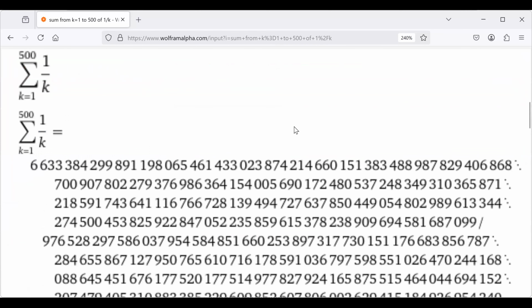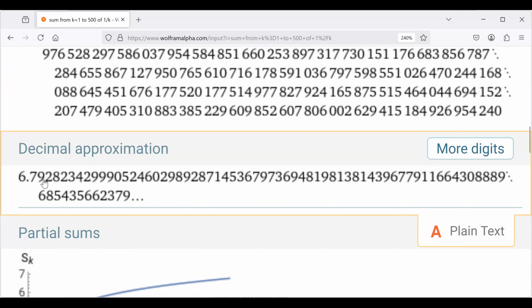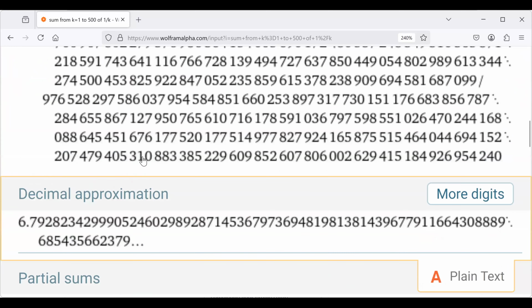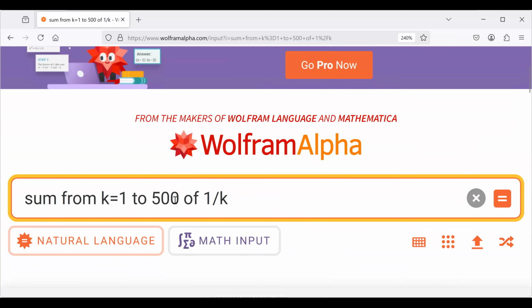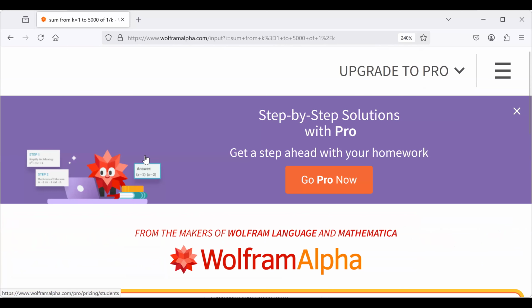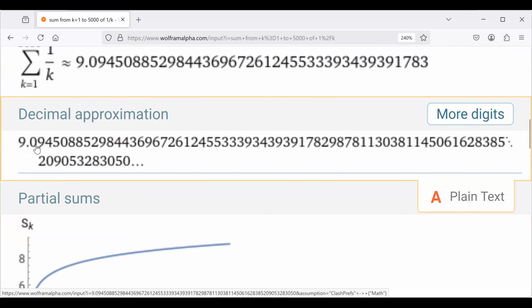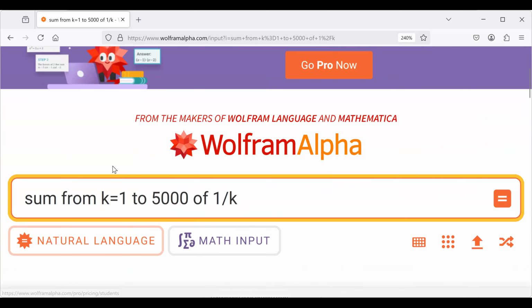So if you're going from 1 to 500, we're still sitting here at about 6. And it's really hard to know because this is increasing. Like when we went from 500 to 5,000, we went from 6 to 9.